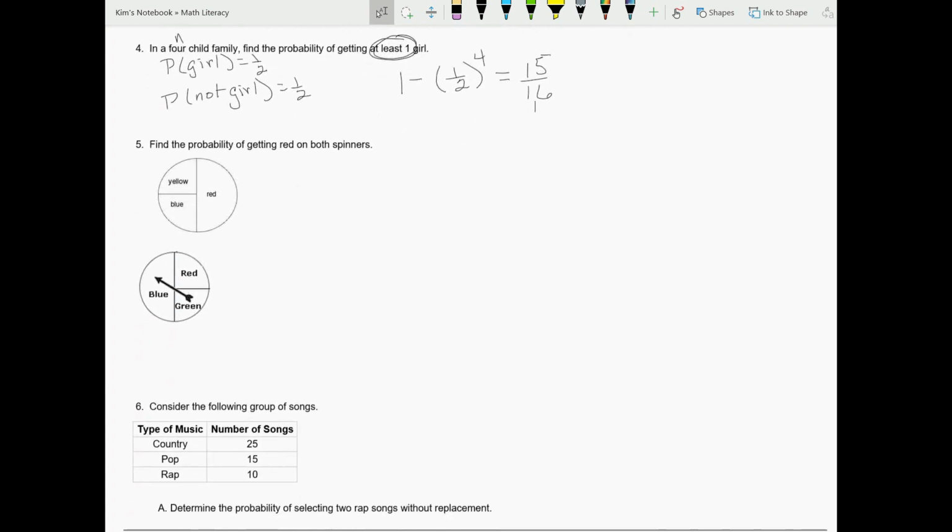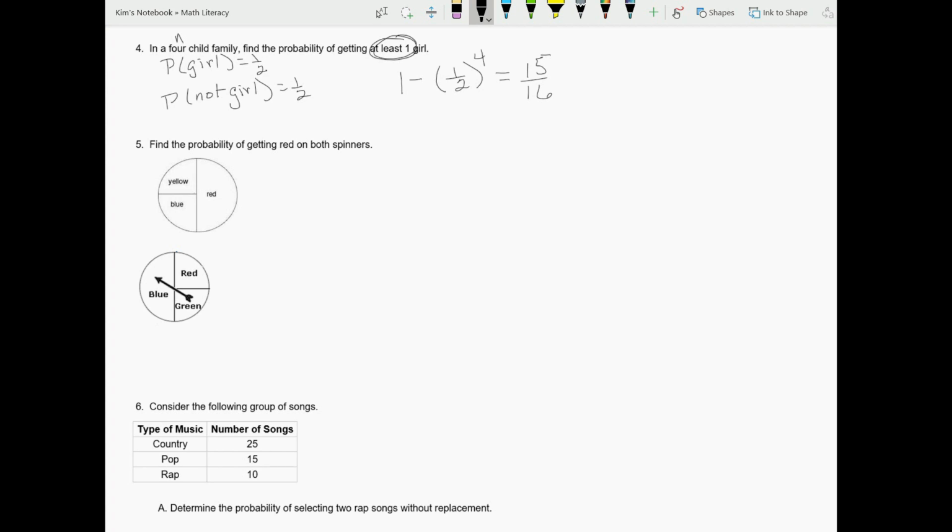Problem 5. Find the probability of getting red on both spinners. Okay, now this problem is different because I don't have this spinner divided up into equal sections. Just because there's 3 sections doesn't mean that the probability of getting red is 1 out of 3, because my sections are not divided evenly.